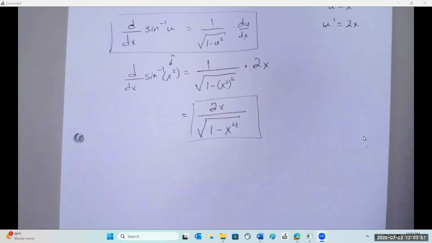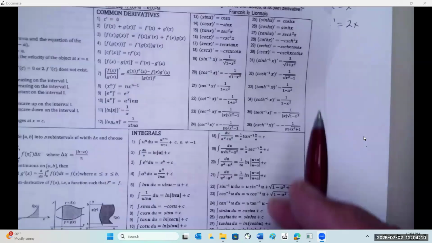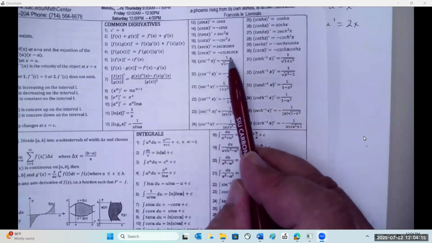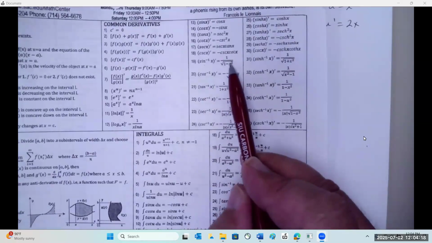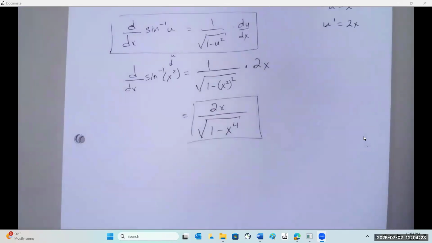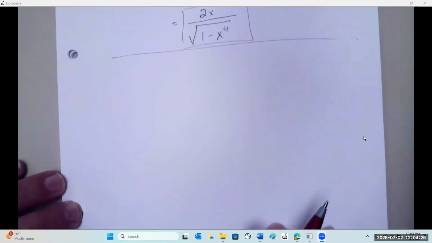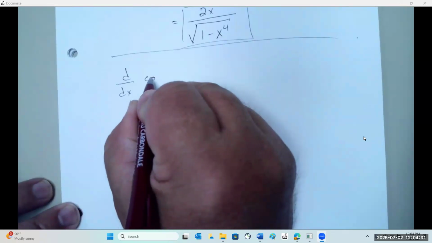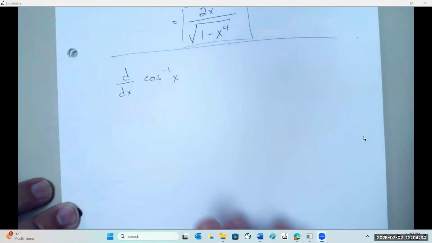Cosine, let's see, where's that? Oh, we'll go ahead and do cosine also. You see, that's what we just found. We found number 19. The derivative of the inverse of sine is 1 over the square root of 1 minus x squared. Let's look at the derivative of the inverse of cosine.